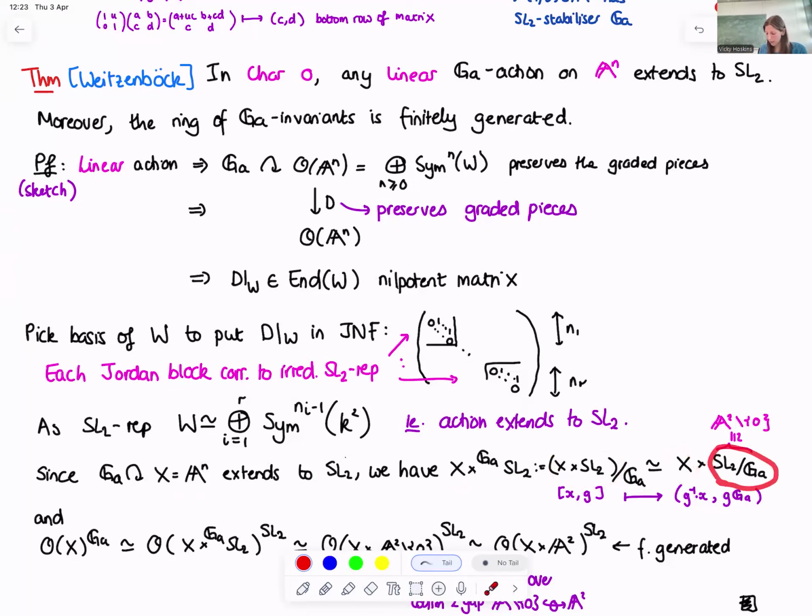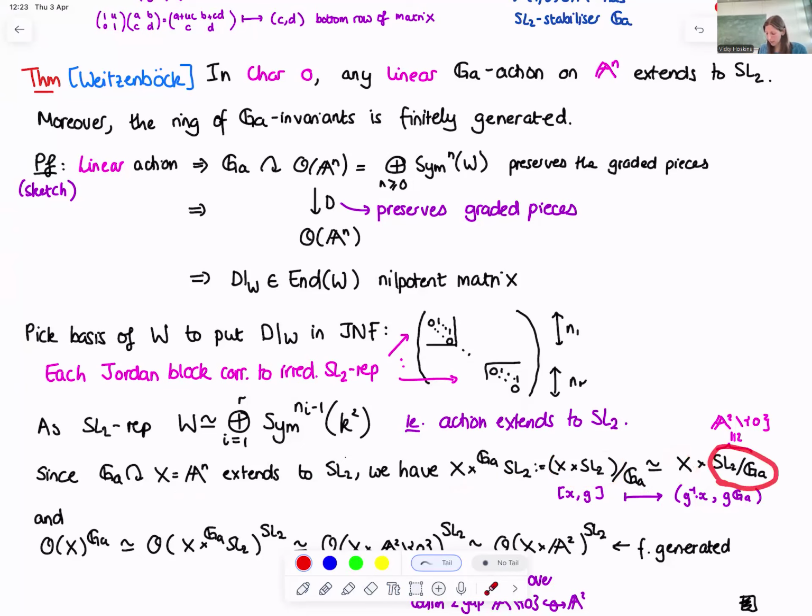But the nice thing is now that you can use Hartogs' theorem to say that you can extend over the codimension 2 gap given by including A2 minus the origin inside A2. And so a function here extends to a function on X cross A2. And now we have an affine variety and we're taking invariants for a reductive group. So, I guess in this case, it's really due to Hilbert, the ring of invariants is finitely generated.